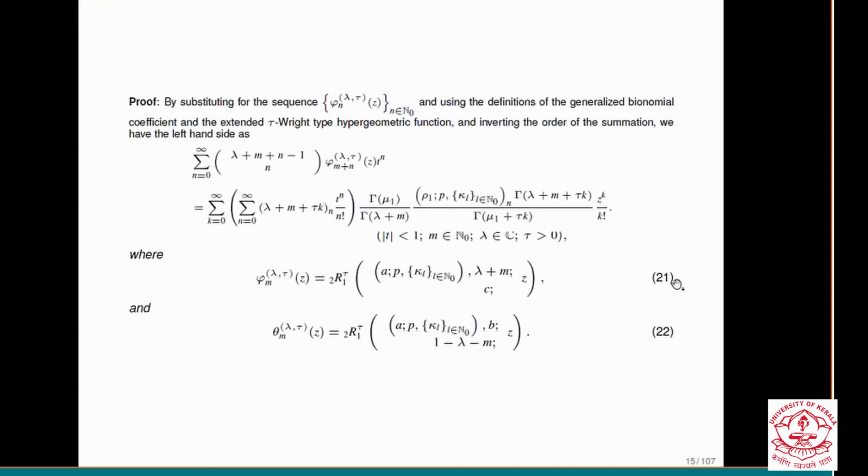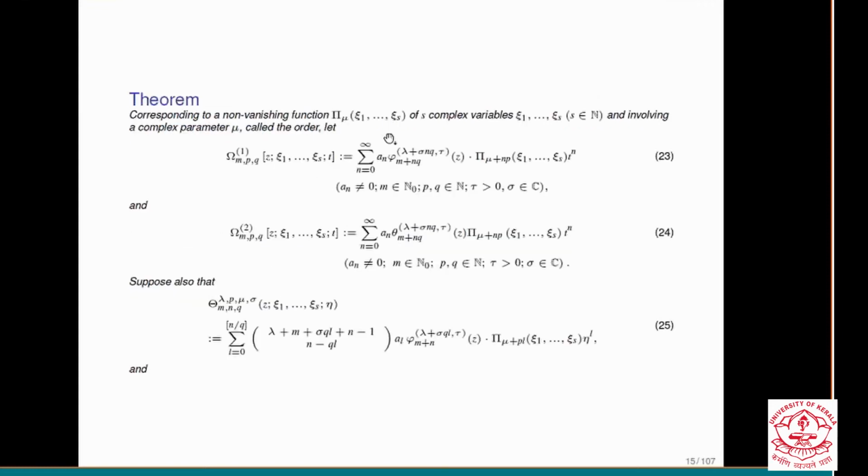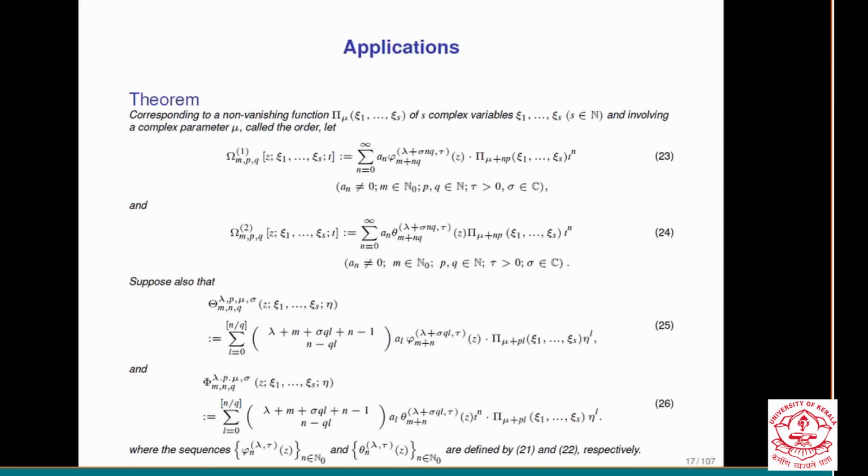And here we give some applications of this. Corresponding to the non-vanishing function, this is mu, I1 to IS, where S is a complex variable, IS belongs to natural numbers, and involving a complex parameter mu, called the order.